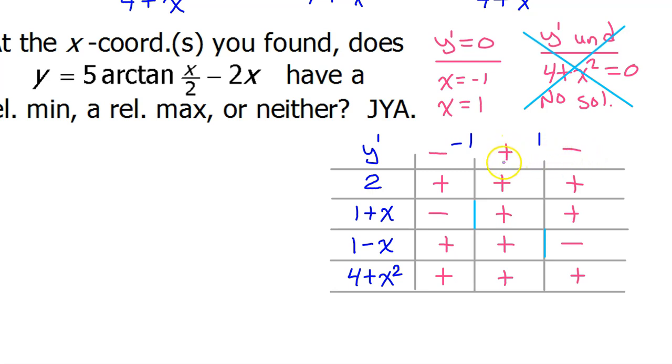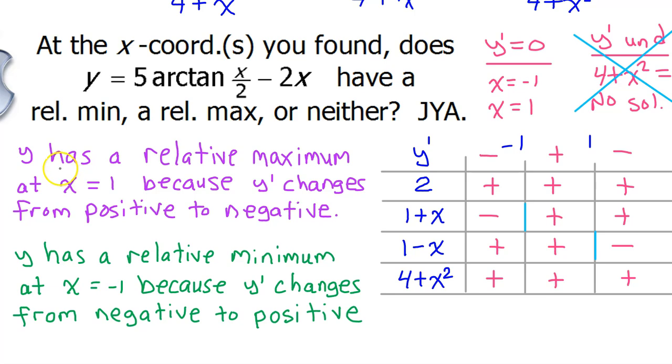That means y itself went from increasing to decreasing, therefore a relative max. We say y has a relative maximum at x equals 1 because y prime changes from positive to negative, and y has a relative minimum at x equals -1 because y prime changes from negative to positive.